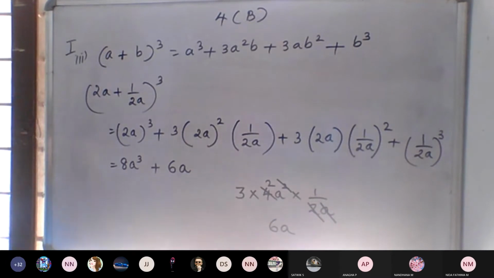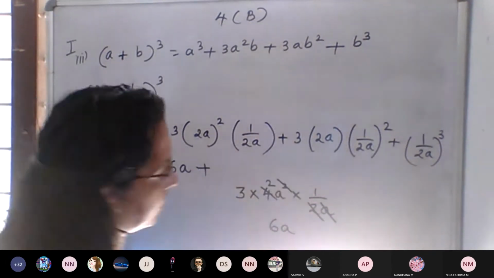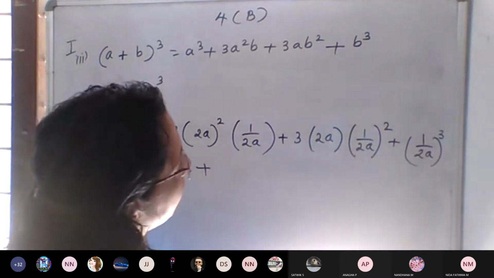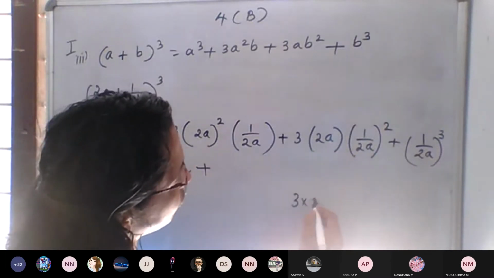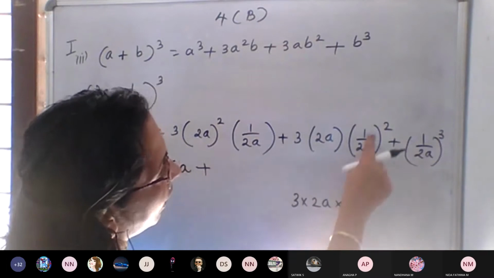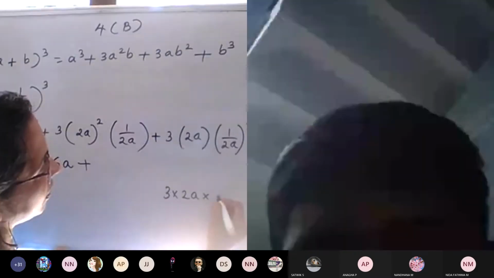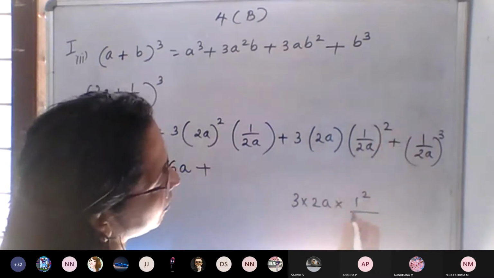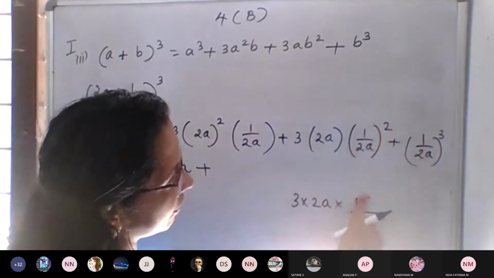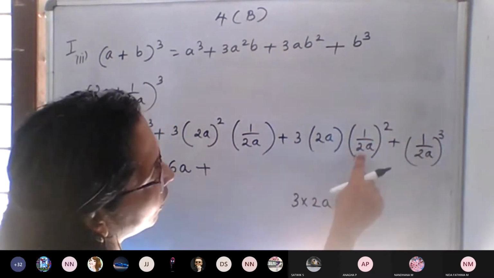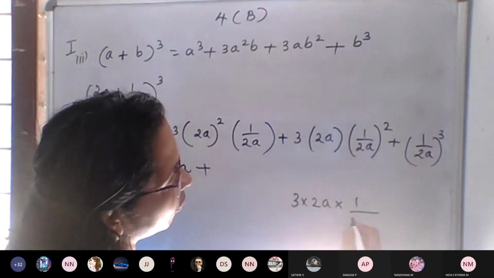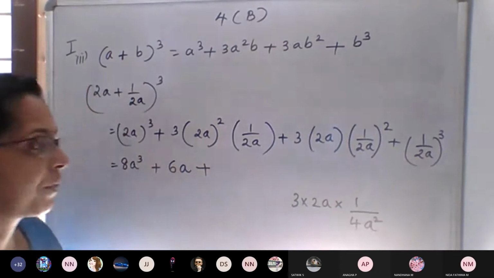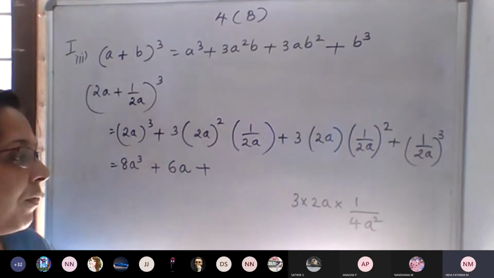Yes, ma'am. Then plus, how can we do this one? Do in the working column 3 into 2a into 1 by 2a the whole square, means 1 square divided by 2a whole square. 1 square is 1 itself. 2a square means 2 square 4, 4a square.